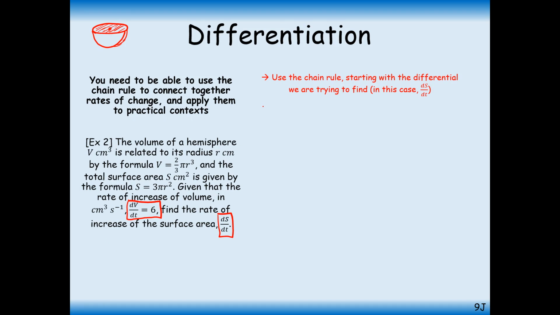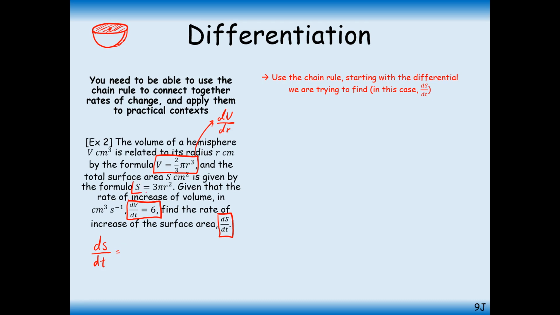So how are we going to tackle this problem? We know for sure what dV by dt is, and we can differentiate this expression, V with respect to r. So somehow we can figure out from this expression what dV by dr is. That would be a piece of the jigsaw.